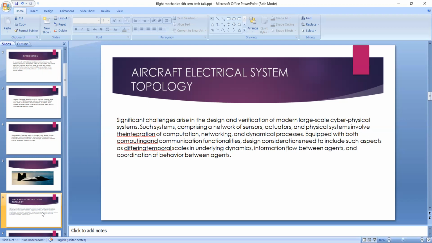Design considerations need to include such aspects as link temporal scales in underlying dynamics, information flow between agents, and coordination of behavior between agents.